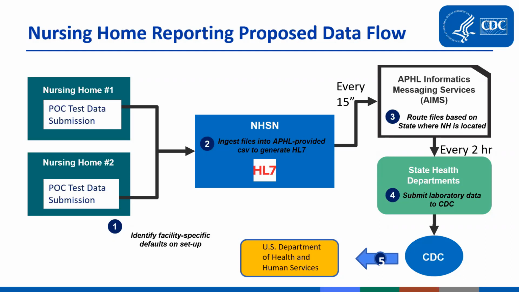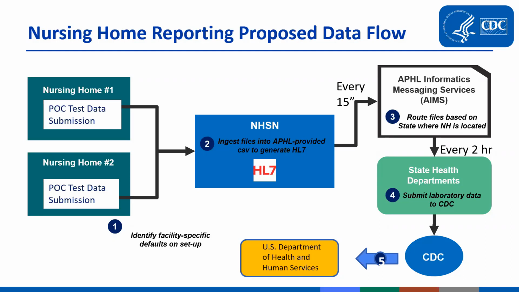From there, the data is accepted by NHSN, which ingests the data and generates an HL7 message, which is a standardized format of the message, and sends it every 15 minutes to the Association for Public Health Laboratories, or APHL's Informatics Messaging Services platform, or AIMS platform.